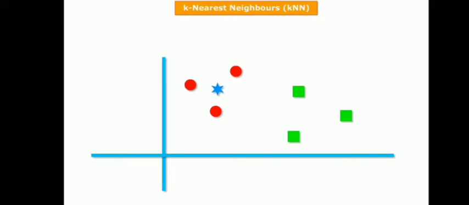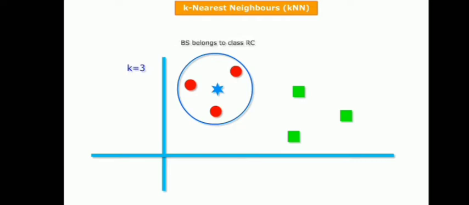If you take K is equal to 3, you will need to make a circle with BS in the center. The circle should be big enough to enclose only 3 data points on the plane. Here, all the 3 closest points to BS are RC. Hence, you may safely conclude that the BS should belong to the class RC. Here, the choice became very obvious as all 3 votes from the closest neighbor came from the same class RC.